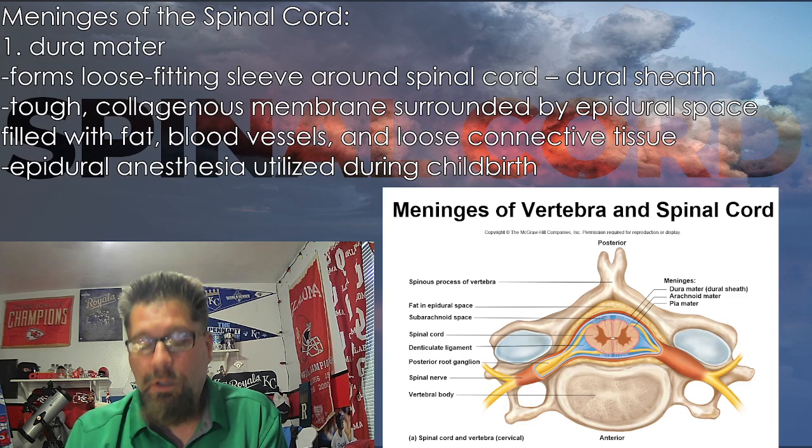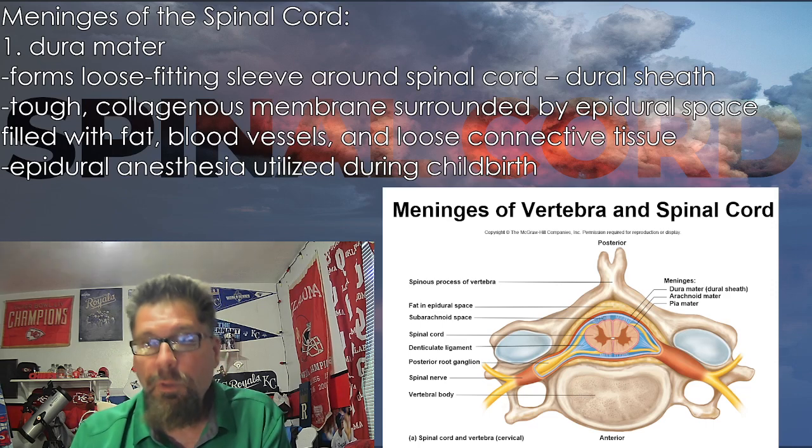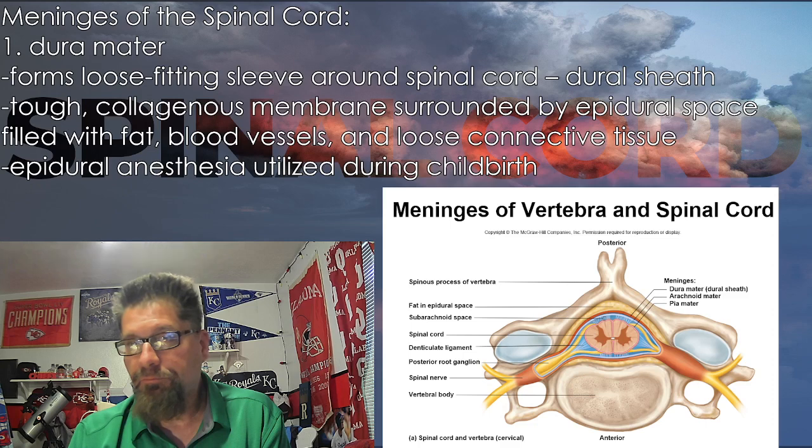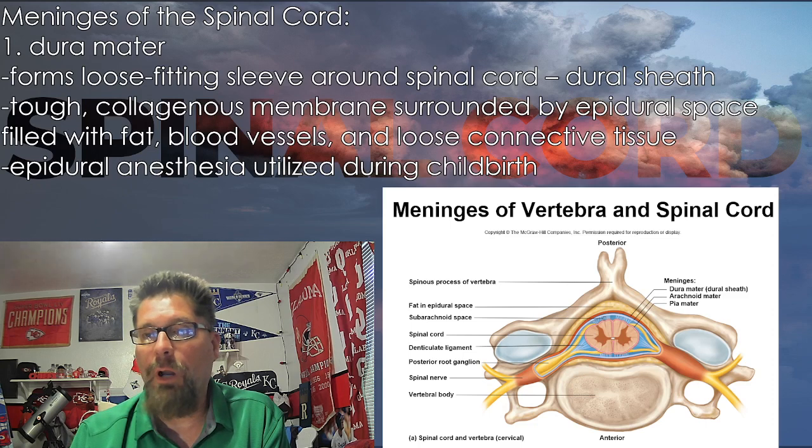But when we're talking dura mater, we talk location. If you look at the diagram, the dura mater is the outermost portion of the meninges. It's the orangish section, right below that yellow area, which is right below the vertebrae bone.